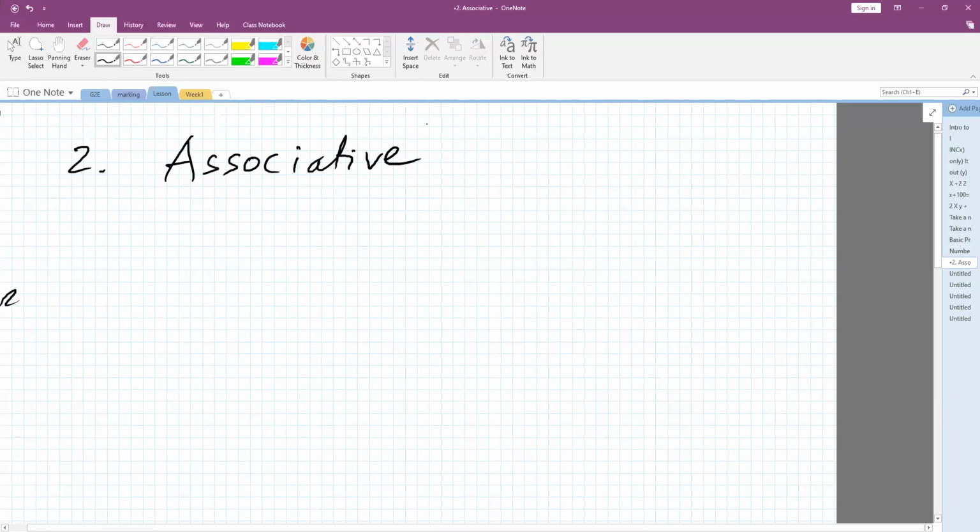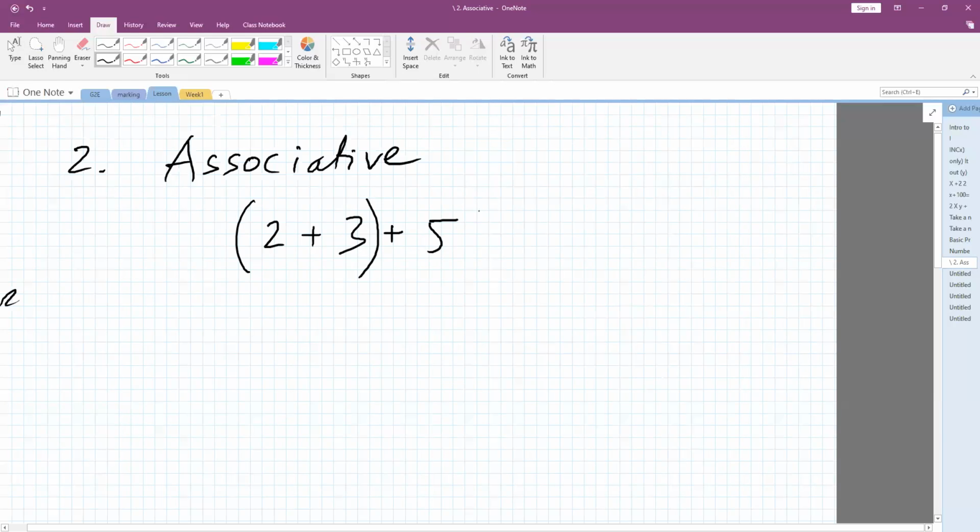Associative simply means if you have, for example, 2 plus 3 and then plus 5, the way you can do this calculation is to add the first two numbers first, and then add 5.